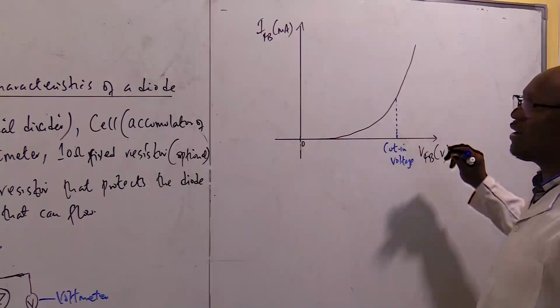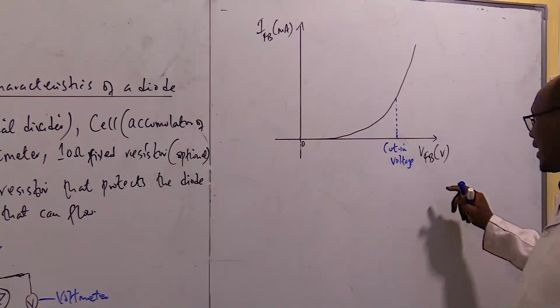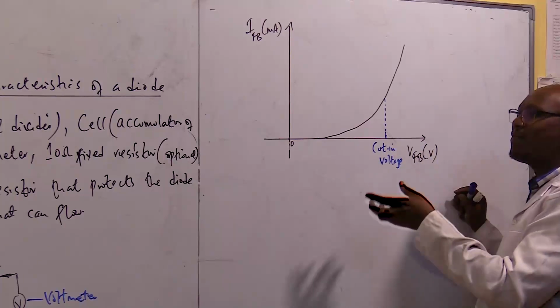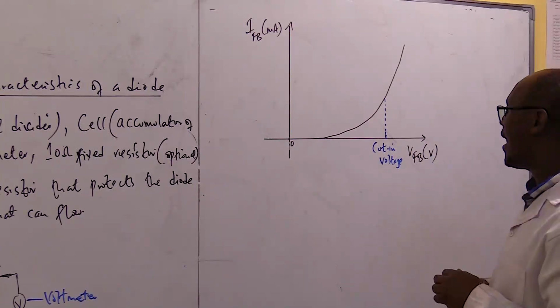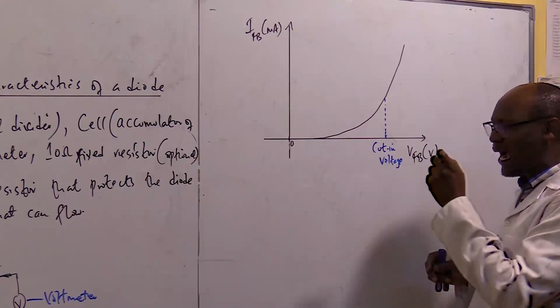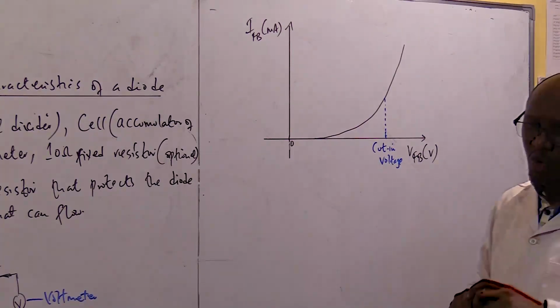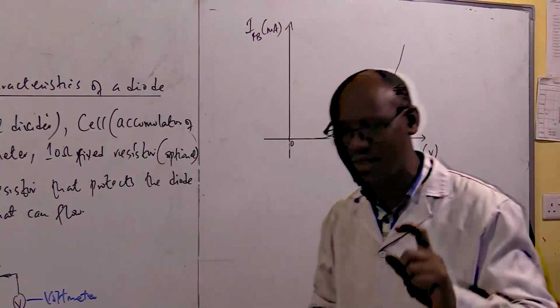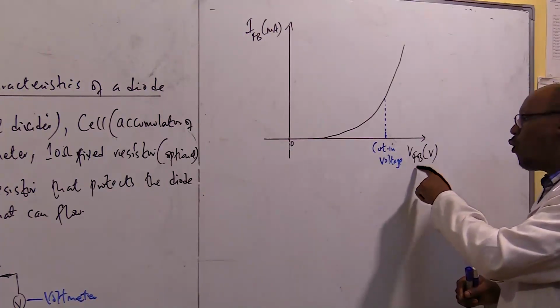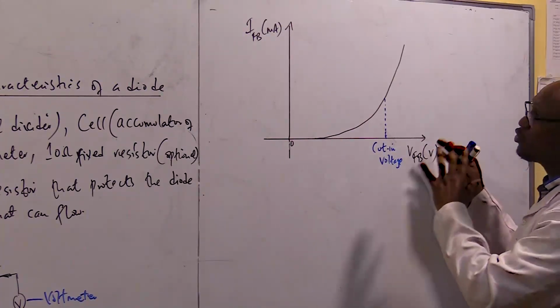And then you see that our diode now begins to conduct. That point where our current has become at least of a large amount, that is what we have called the cut-in voltage, or what we refer to as the breakpoint voltage or threshold voltage. And of course, that one is what is recorded by our voltmeter.